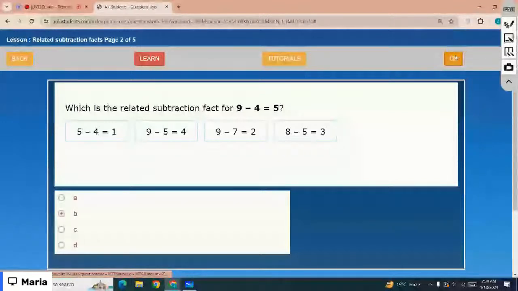That's because of your internet. Because you cannot see the chat because your internet is slow. That is the reason. What is the related fact for 2 take away 0 equals 2, which is the correct option?